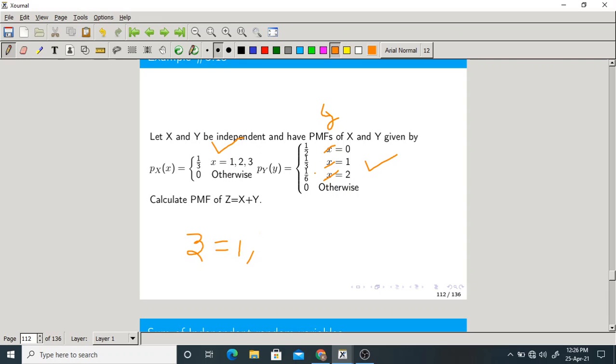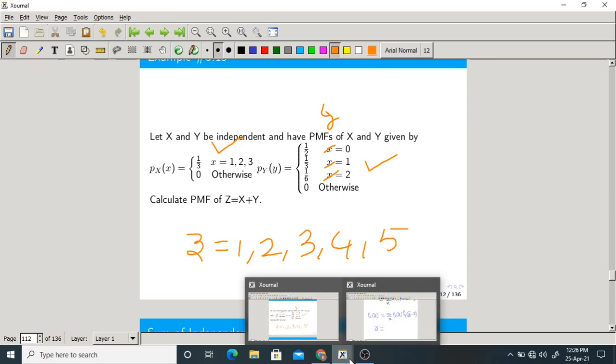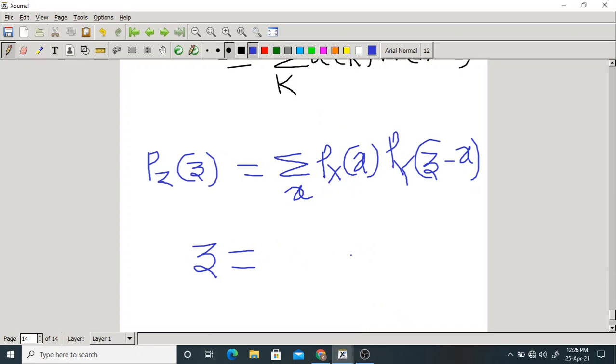Upper limit 3 plus 2, 5. So 1, 2, 3, 4, 5. We should calculate for these values of Z. These are the limits of Z, not X, please remember.